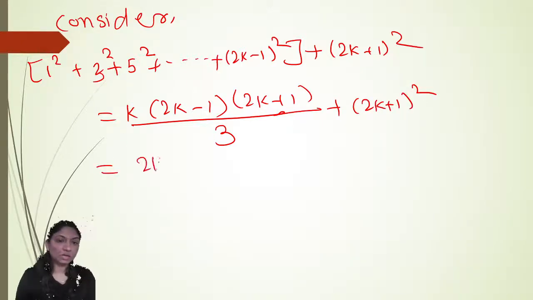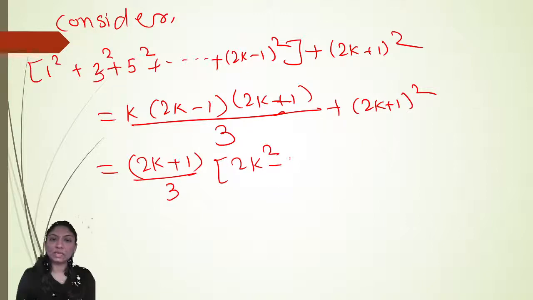Which is equal to (2k plus 1)/3 times (2k square minus k plus 3(2k plus 1)).